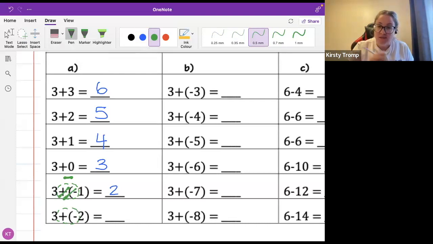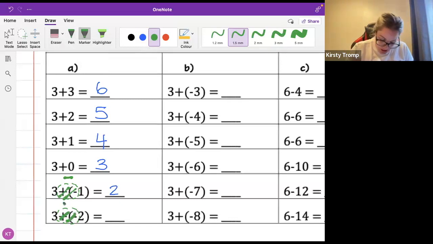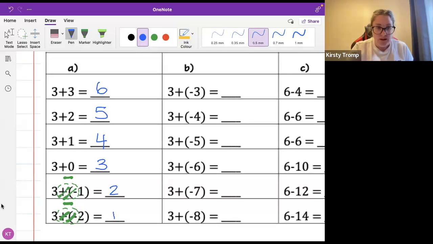When I see a positive sign and a negative sign next to each other, what happens, guys? A positive sign and a negative sign turns into a negative sign. It's the power of the negative. And so 3 minus 2 will give me 1.